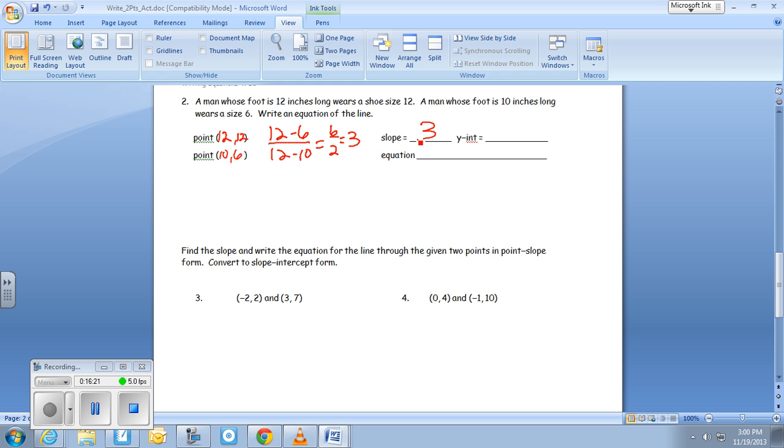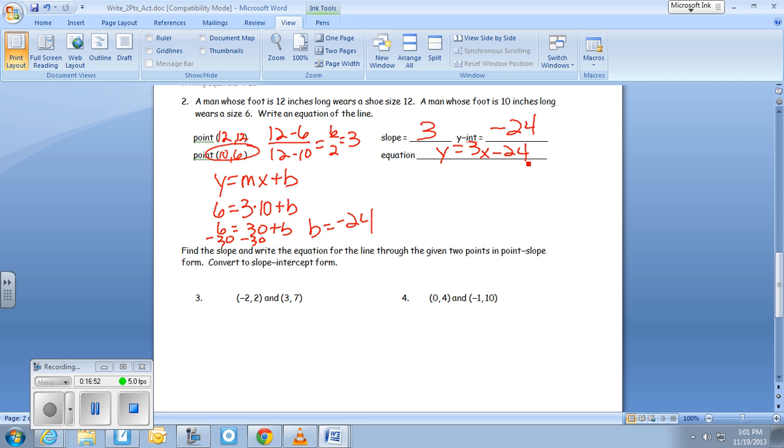So if I plug into y equals mx plus b and take one of these points, I'll just choose that one, and then my slope, so then I'll have 6 is equal to a slope of 3 times 10 plus b, and so that will give me 6 equals 30 plus b. Subtract 30 from both sides, so b is equal to negative 24. So my equation is y equals 3x minus 24.